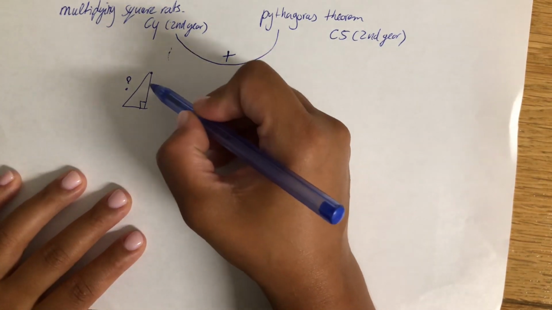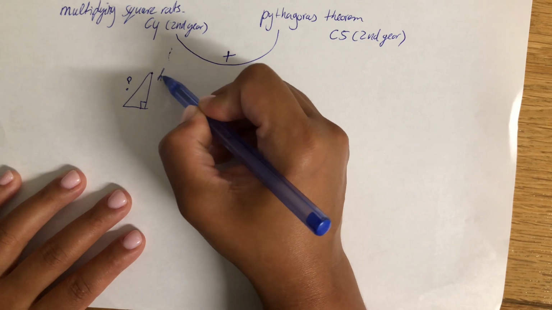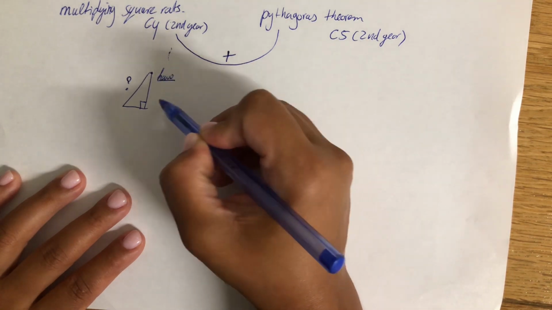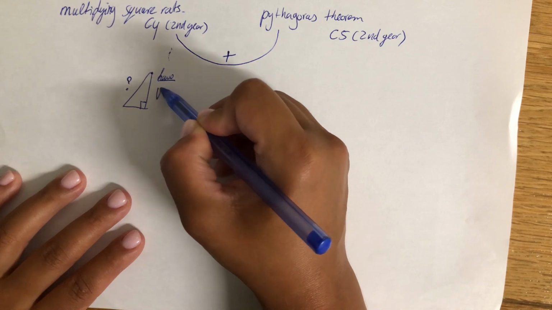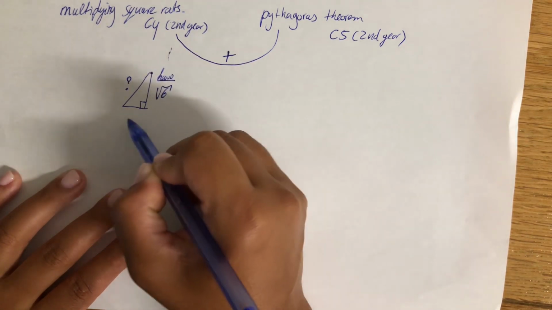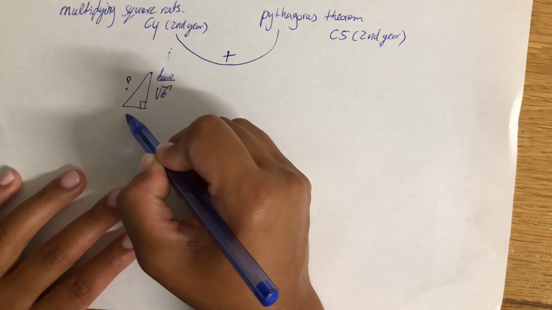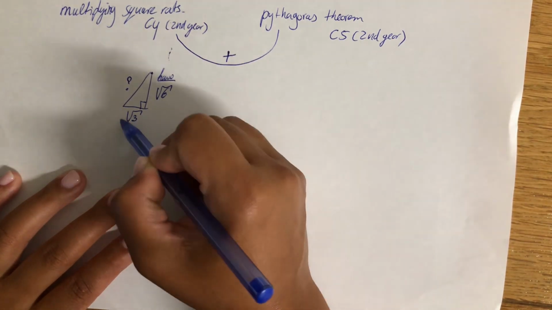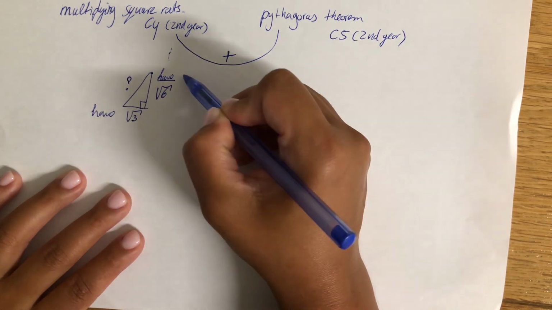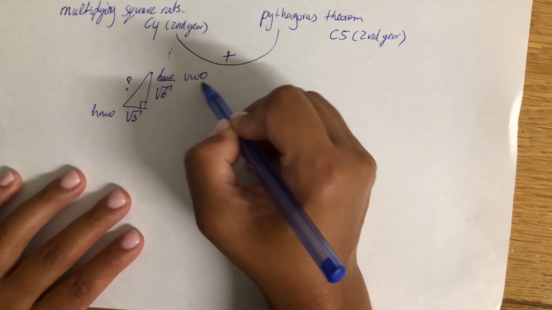So for havo, you'll be working with, for example, the square root of 6 for this measurement, and the square root of 3 for this one. And VWO, you will be working with other numbers.